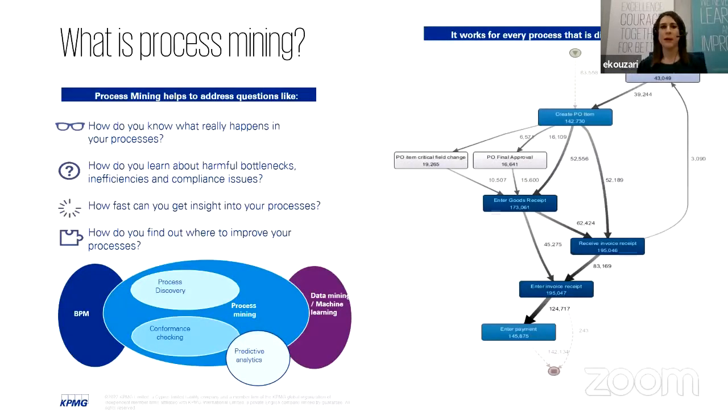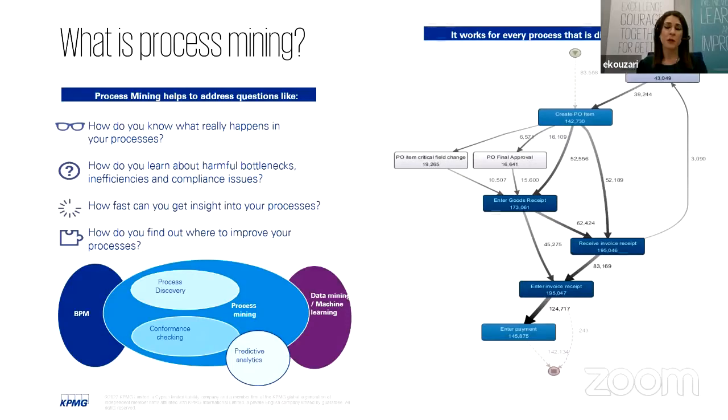But what is process mining? As I mentioned in the beginning of the presentation, it's a new research area. It was initiated around 2004 and 2005 by Professor van der Aalst and his team, where they explored this concept by focusing on business process modeling and data mining and machine learning algorithms.